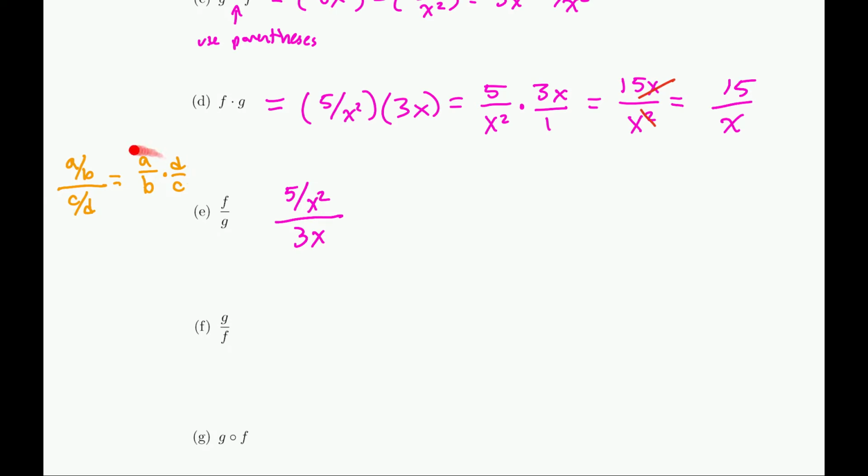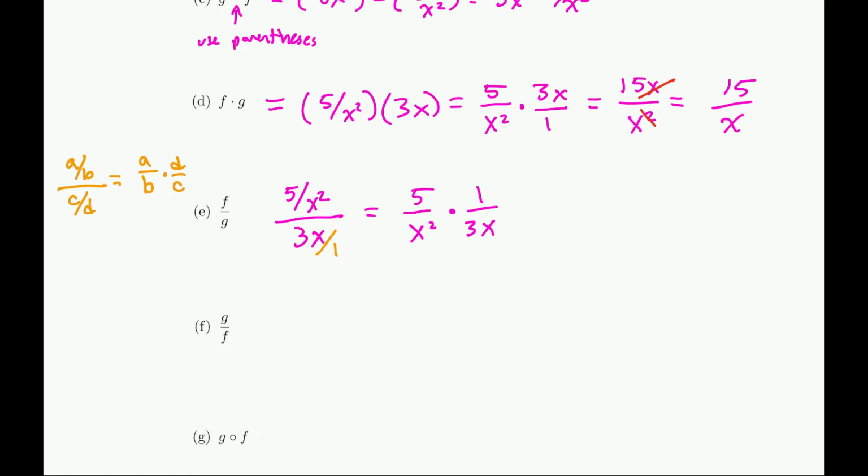If you can remember this rule, you can handle stuff like this, because we've got a fraction on top. On the bottom, it's not a fraction, but you could easily make it a fraction. You can write the 3x as 3x over 1, and then this and this look like the a over b and the c over d. Then we can write this as 5 over x squared times 1 over 3x.